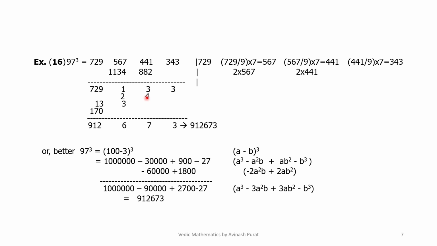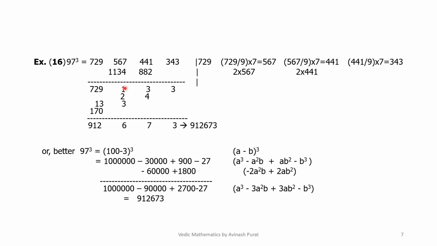3, 4 is taken to the left and further left is 3. 441 plus 882 is 1323. 3, 2 is taken to the left and further to the left is 13. And 567 plus 1134 is 1701.